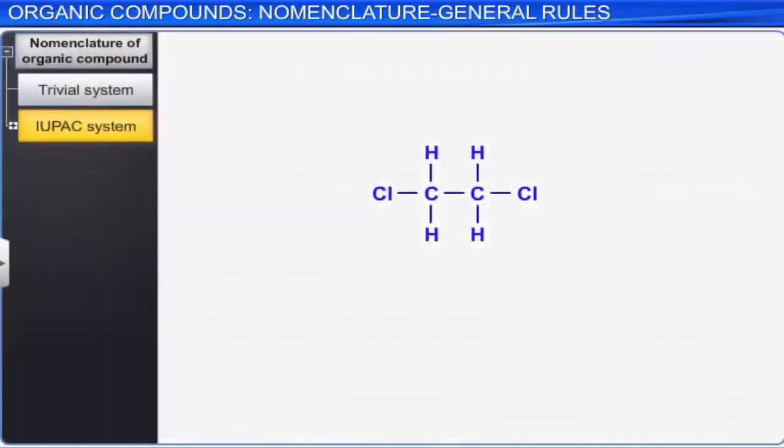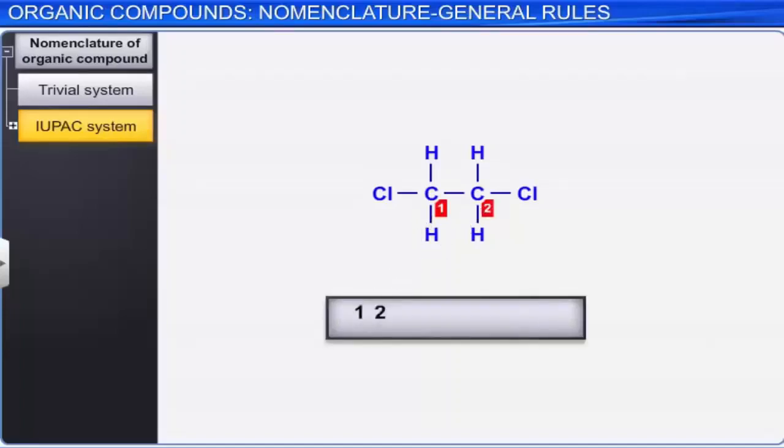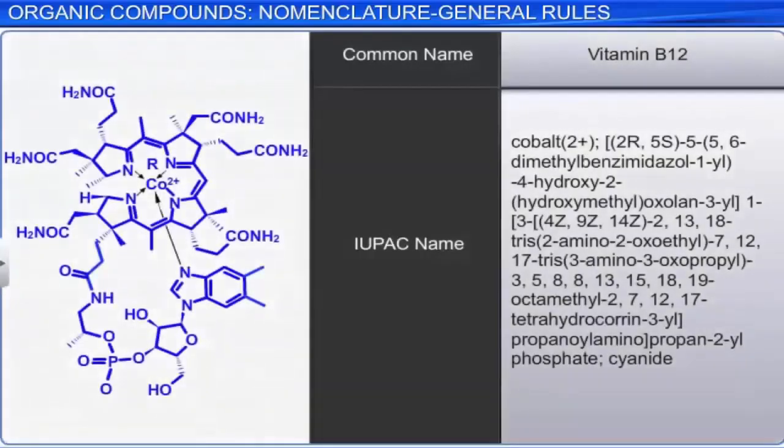The IUPAC system of nomenclature is a set of logical rules devised and used by chemists in which the name of a compound correlates to its molecular structure, thus making it intuitive for a person to deduce the structure from the name. However, common names are preferred to the IUPAC names, which are lengthy or complicated.